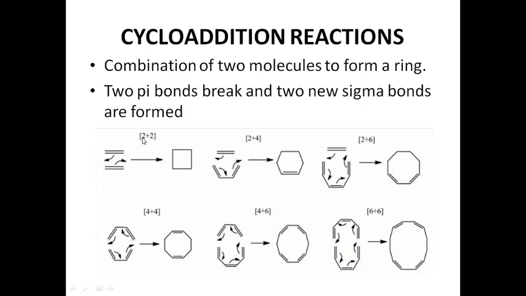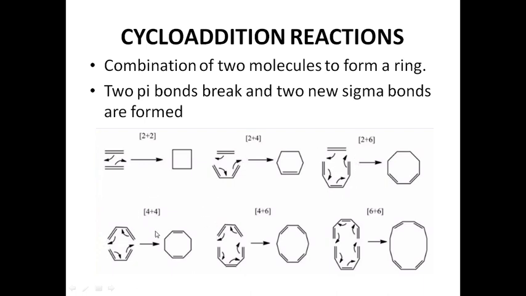Look here, you have 2 plus 2, which means 2 pi electrons of one molecule have reacted with 2 pi electrons of another molecule. Whereas here, you can see 2 plus 4. Here it is 2 plus 6.